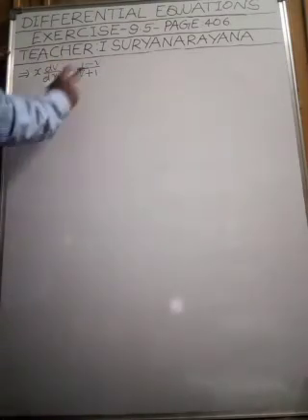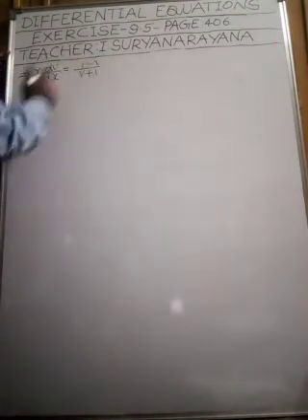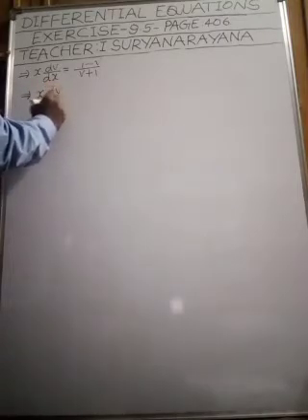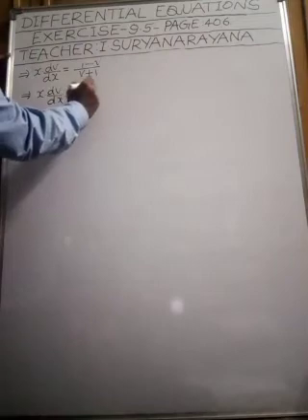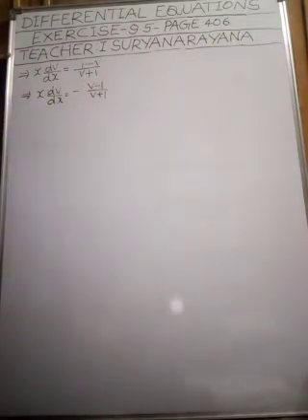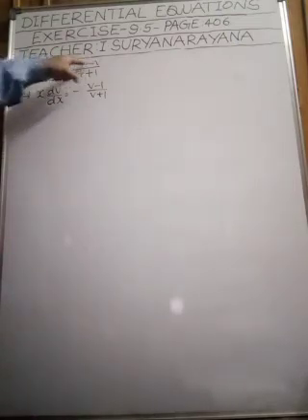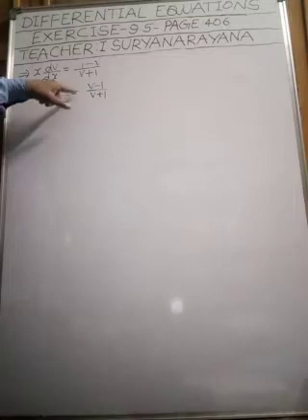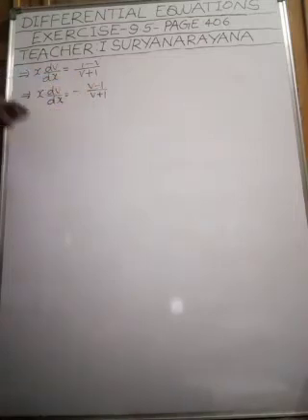Okay, my children? Now, let us take minus common in the numerator. Then what will we get? x dv by dx is equal to minus v minus 1 by v plus 1. Okay, my children, I have taken minus from the two terms in the numerator. Then we get minus of v minus 1 by v plus 1.